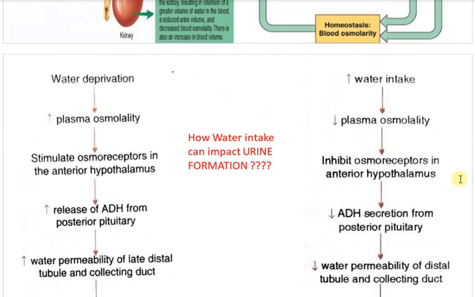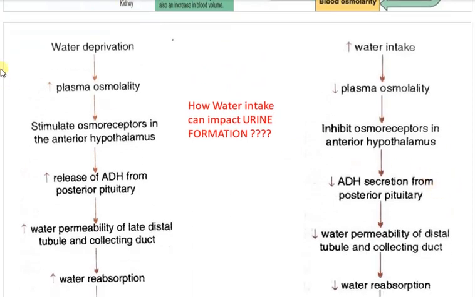Now here is a quick chart I have made for you. Water deprivation. The question is how water intake can impact urine formation. Water deprivation means when you are without water. What happens? Plasma osmolarity increases. That in turn stimulates osmoreceptors in the anterior hypothalamus.